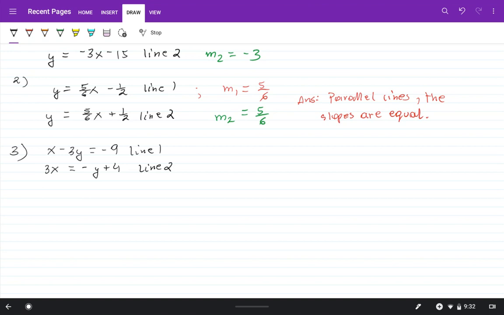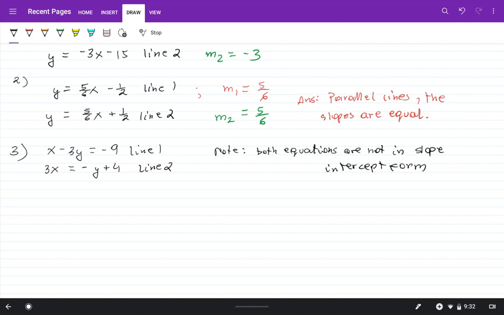So in this case, those two equations are not in slope-intercept form, so you don't know what the slope is. We don't need the y-intercept, but we need the slope to decide how the lines behave. So both equations are not in slope-intercept form.